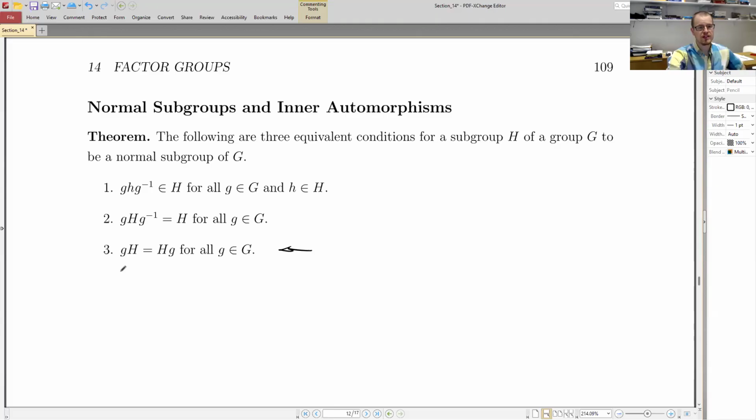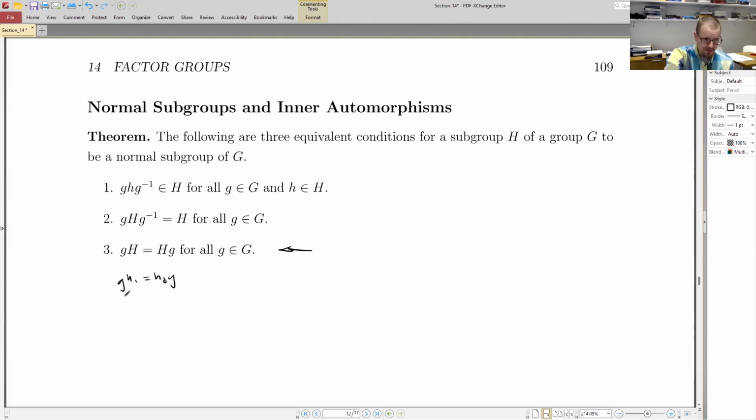But if we have this sort of situation here, right, if gH1 is equal to H2g, for all g in G, we can get this sort of relationship.